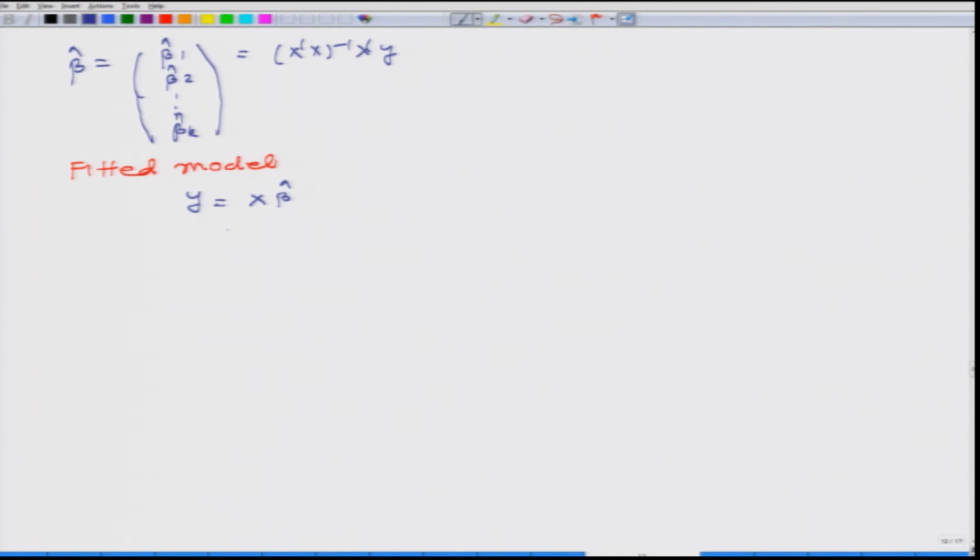So, this can further be written as H y, where H is X (X transpose X) whole inverse X transpose, right. This matrix has a particular name, and it is called the hat matrix.